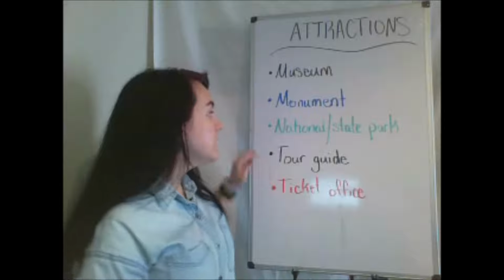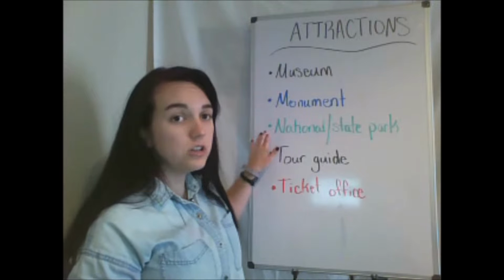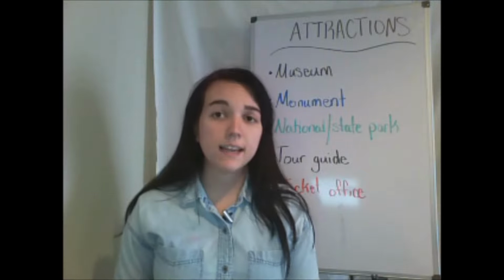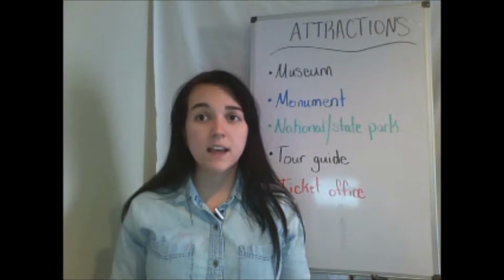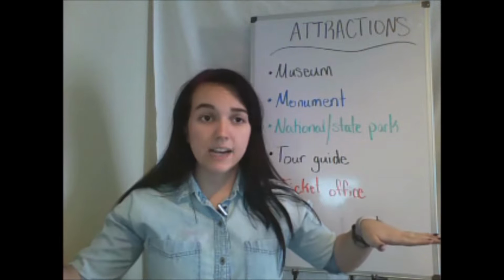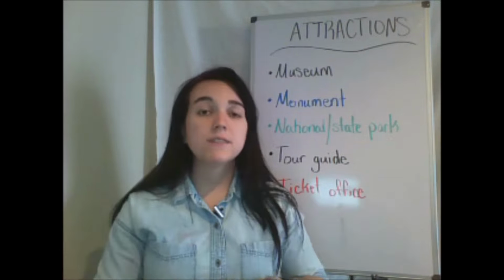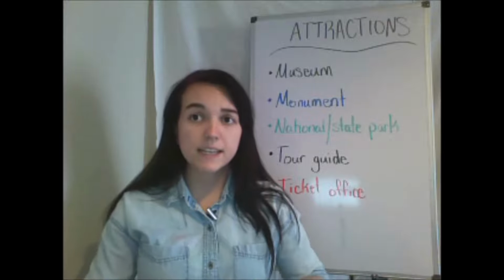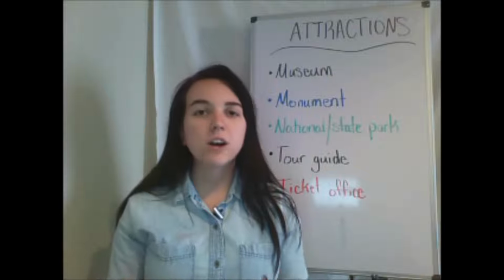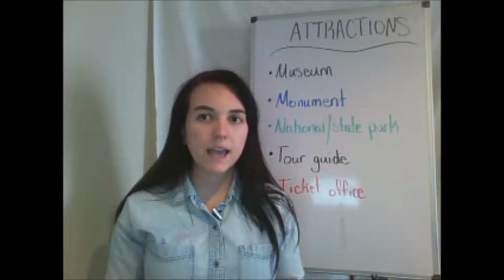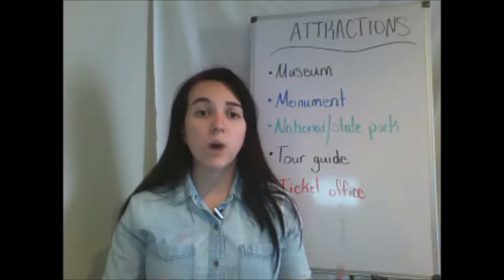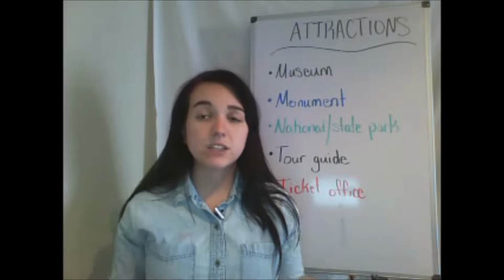Our next word is a national or state park. So in the United States, we have national parks that are run at a level across the entire United States. We also have state parks. In each state, there are smaller parks. And these parks are usually a place marked off for their beauty, for their wildlife, for the scenery.